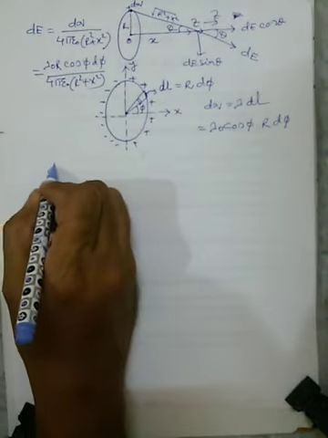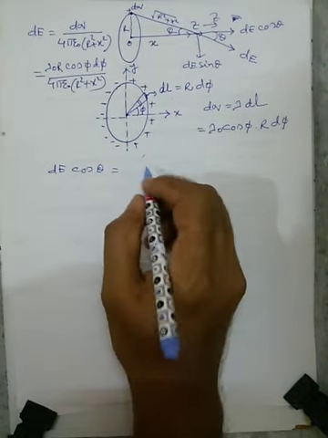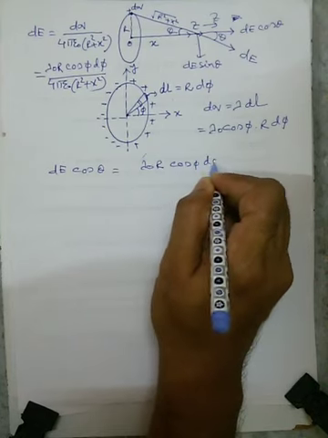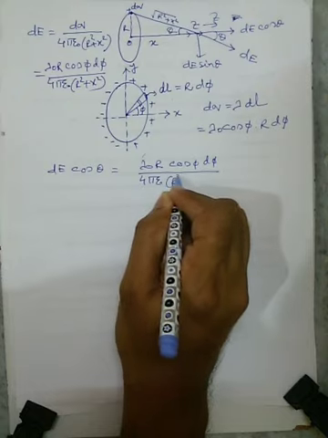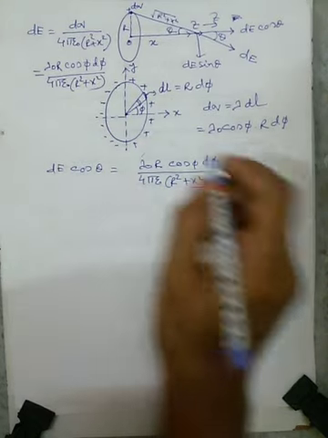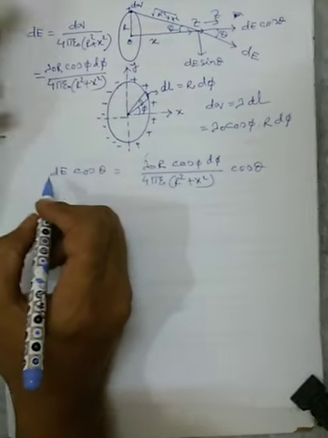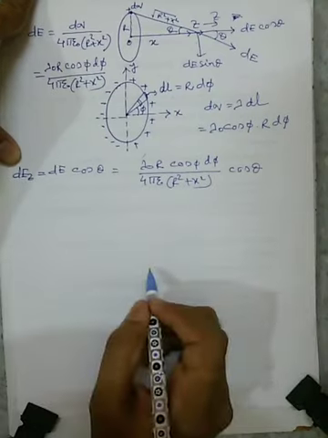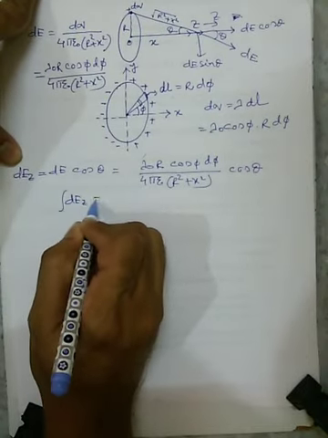Therefore dE cos theta, that is lambda naught r cos phi d phi over 4 pi epsilon naught (r square plus x square), is the value of dE cos theta. This is actually the electric field along the z-axis, that is the z component of the electric field, and the net electric field along the z-axis will be 0.